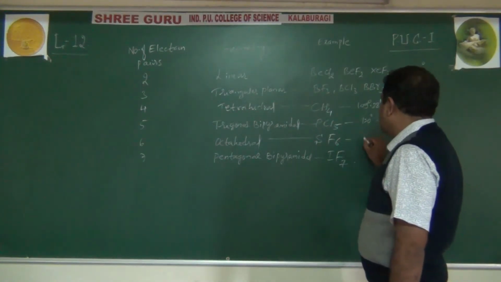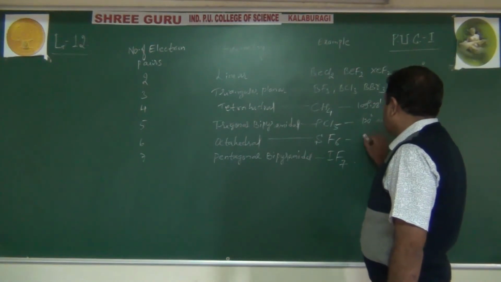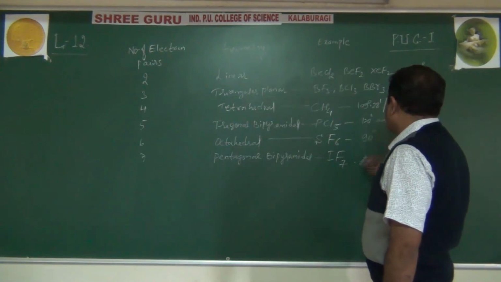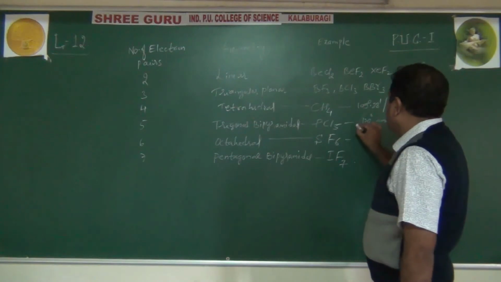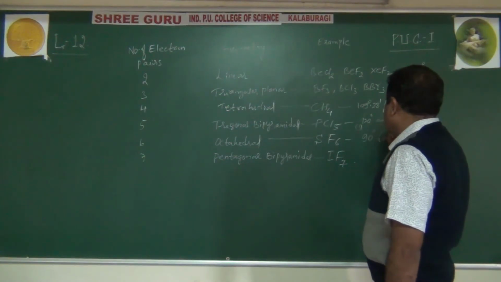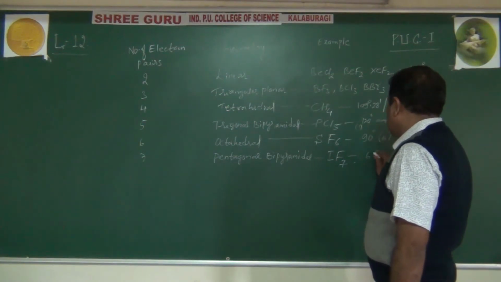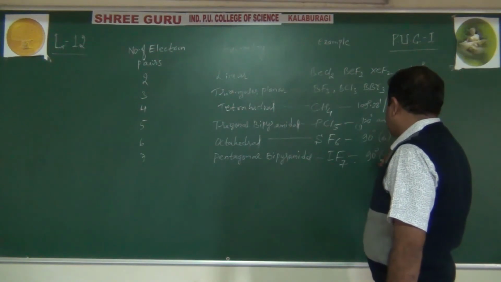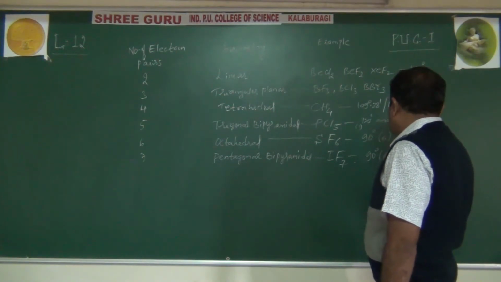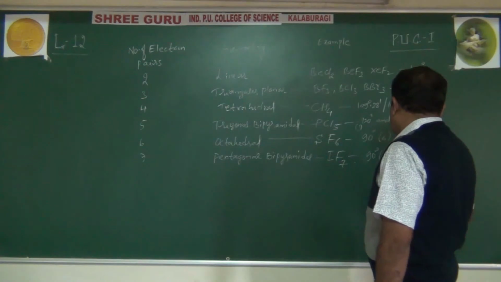And all 6 bonds 90. Here all the 6 bonds are 90 and the 7th bond, that is 72. Remember.